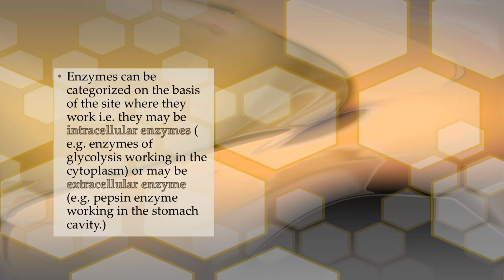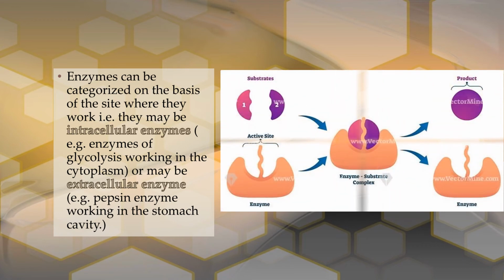The next topic is that enzymes can be categorized on the basis of the sites where they work. For example, there is a diagram. In the next lecture we will study how enzyme and substrate act. There is an enzyme and this is the substrate.